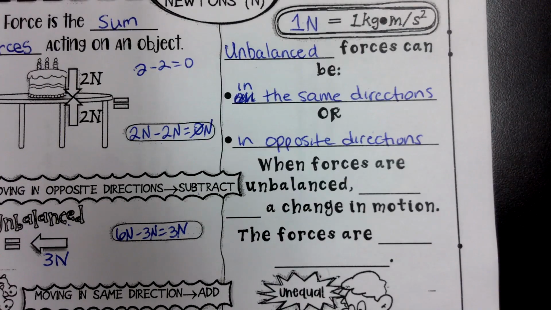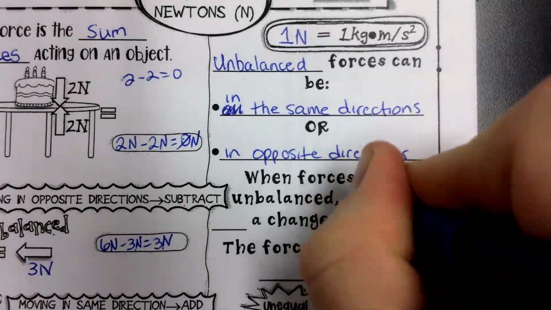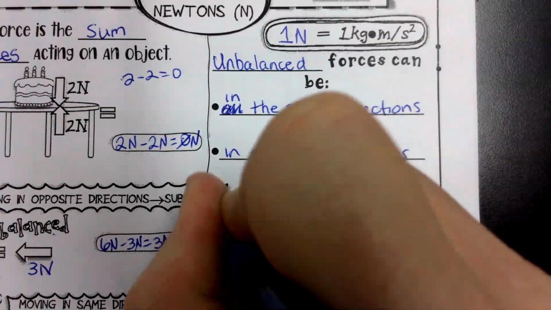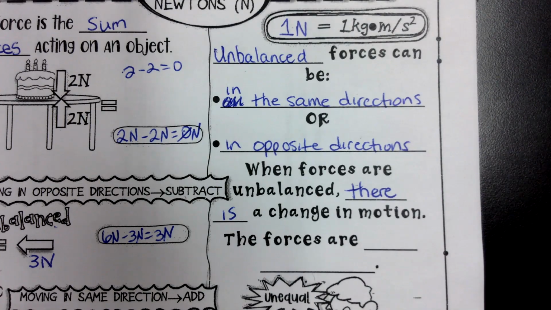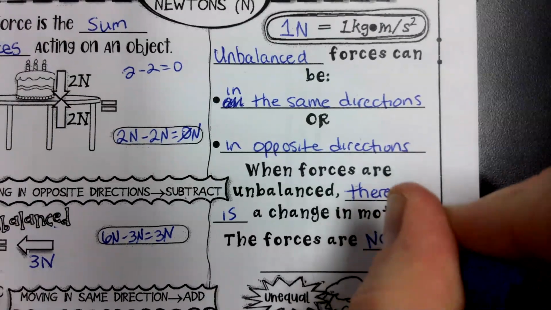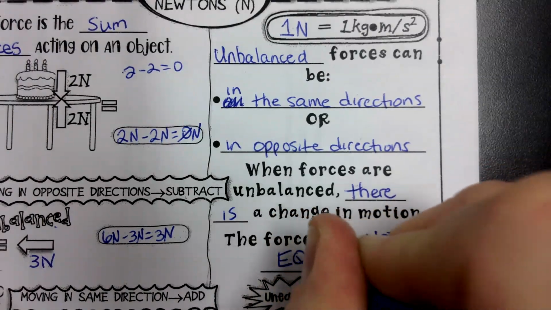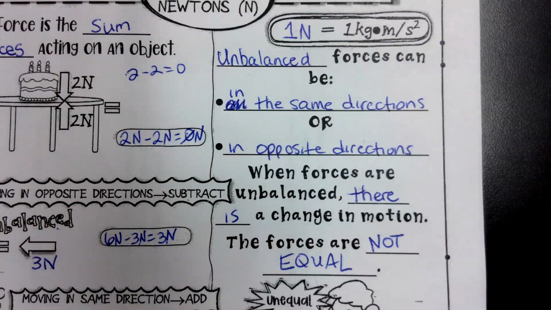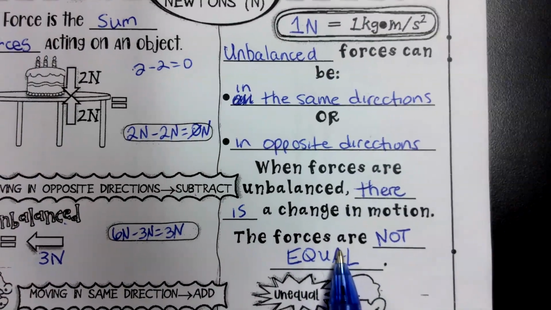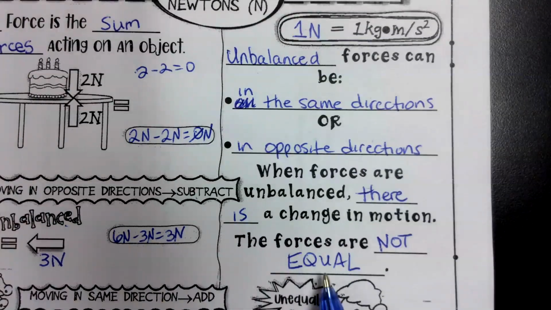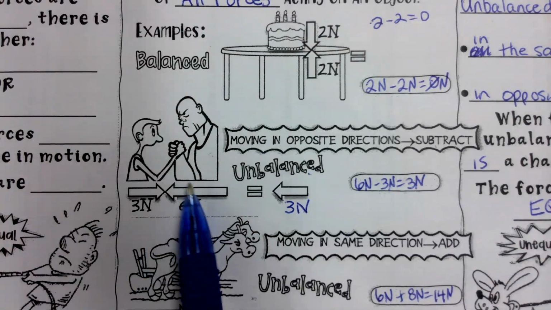When forces are unbalanced, there is a change in motion. And the forces are not equal. That makes sense, because if you look over here, we know that this guy's going to move, right?